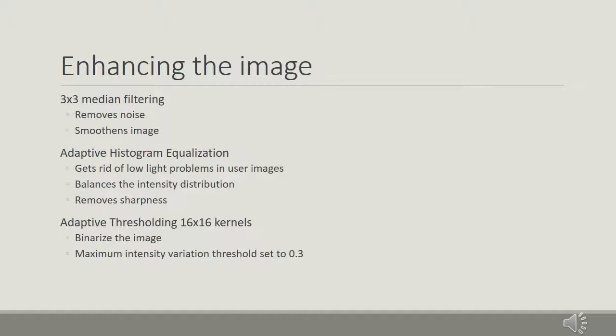And since for further processing we need a binarized image, we do adaptive thresholding on 16 cross-section kernels, and we set those areas where the intensity variation is less than 0.3 to dark, and more than that we set it to white.